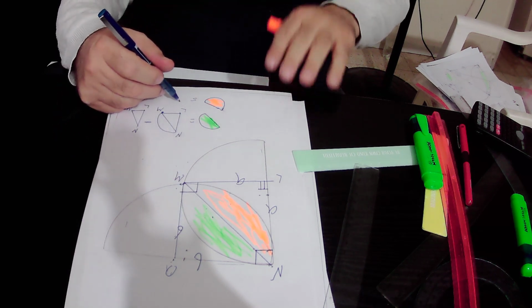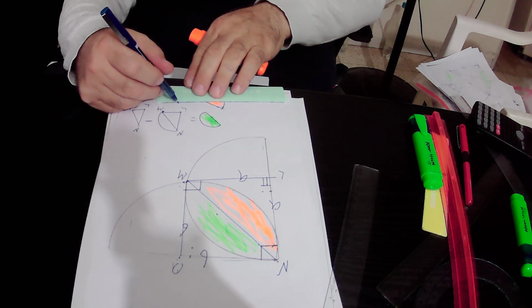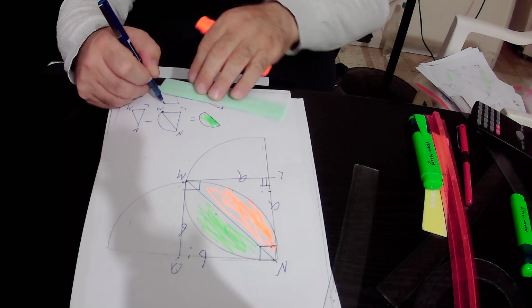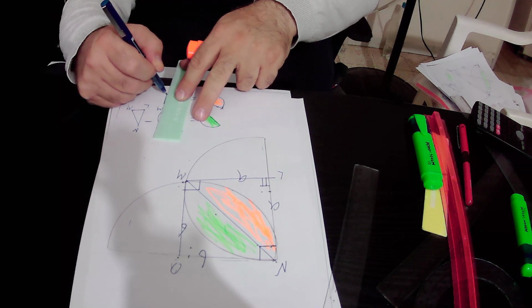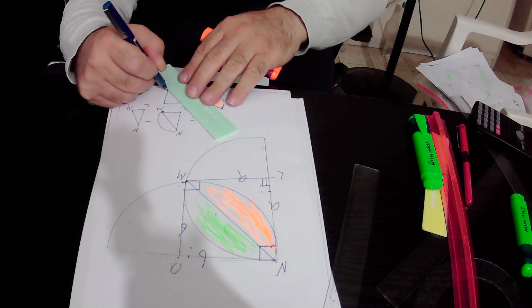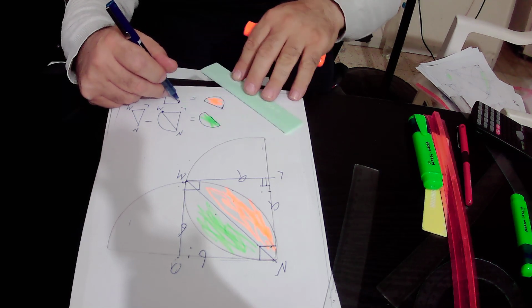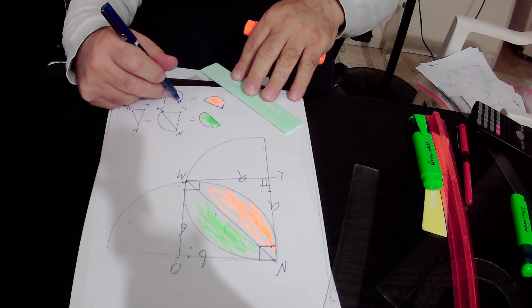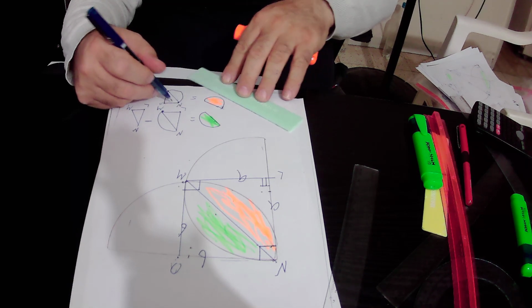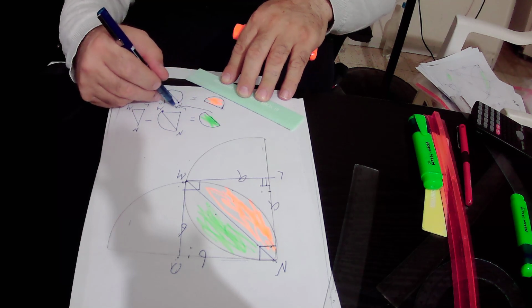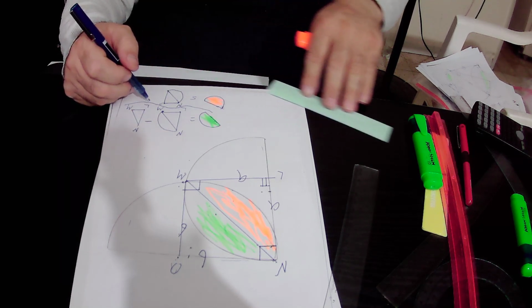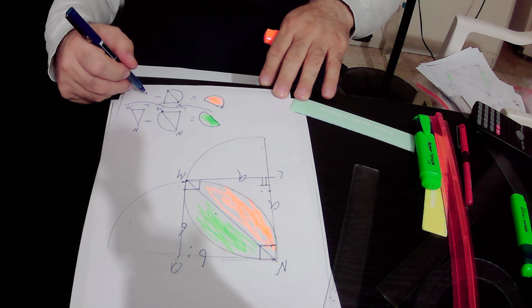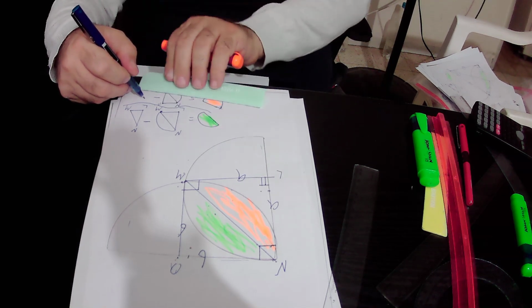This is sector NOM, minus the area of triangle NOM. This is this triangle NOM.